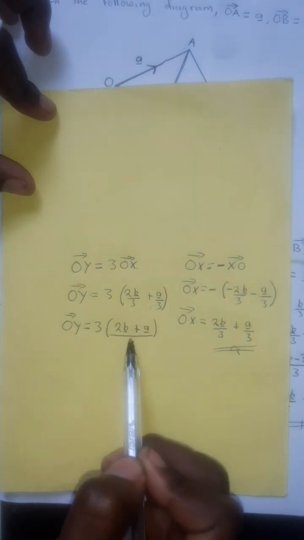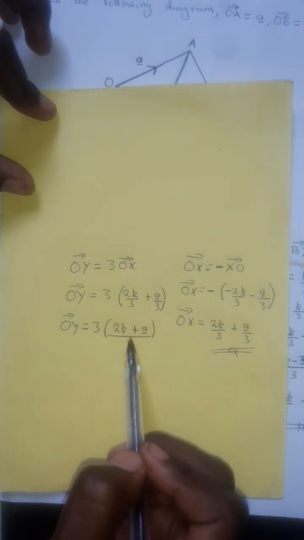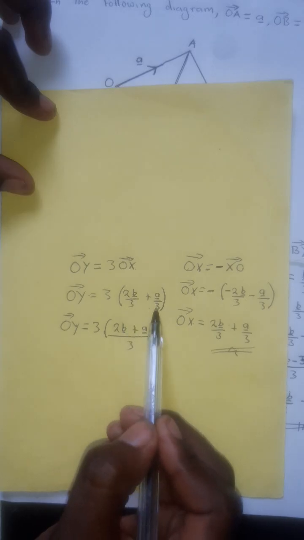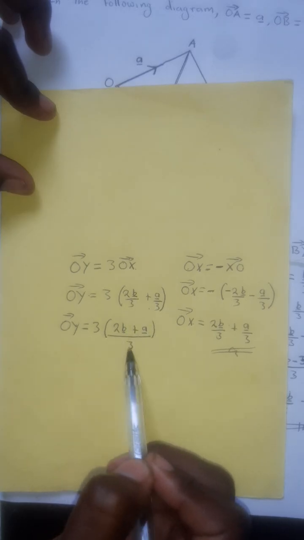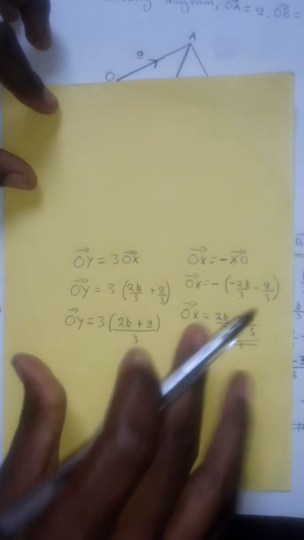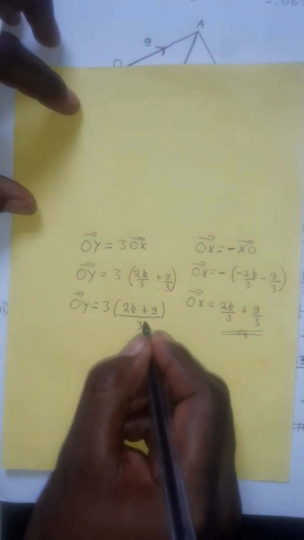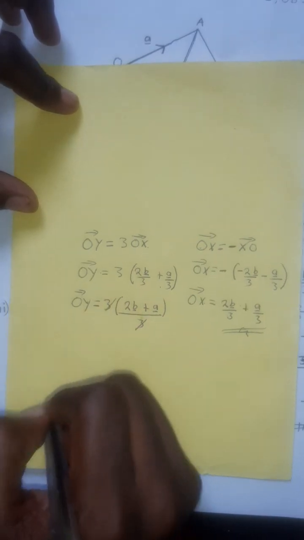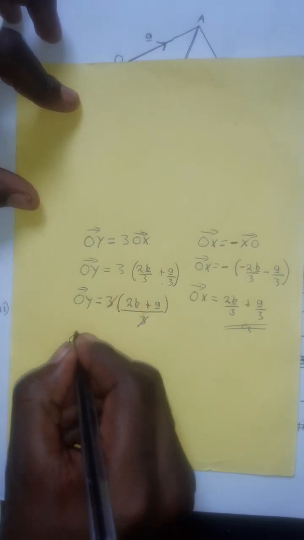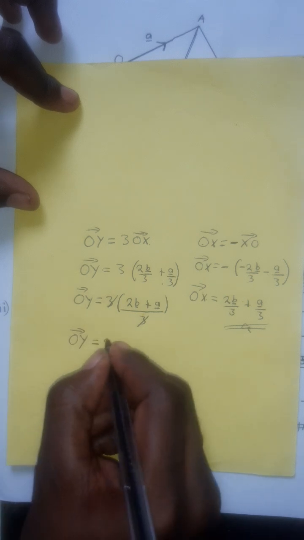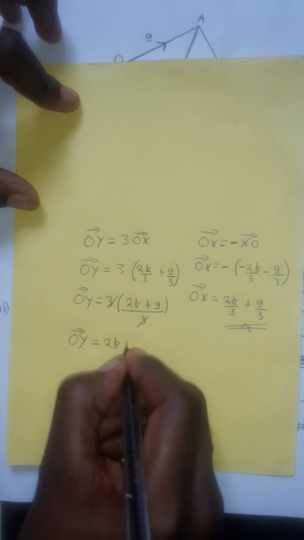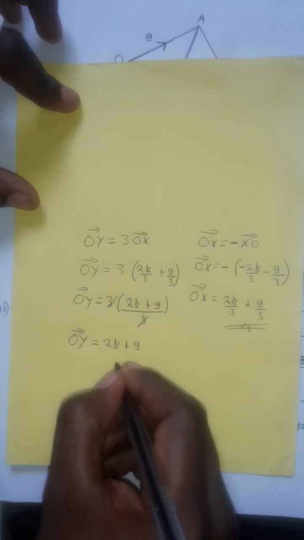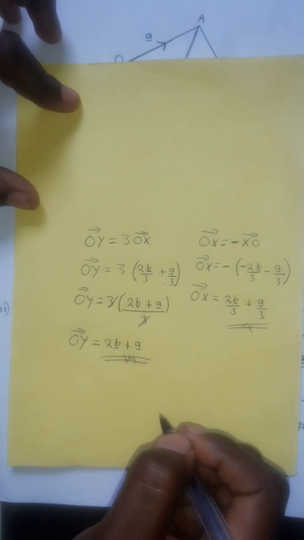You are saying over 3, here over 3, so the common thing is 3. So we can simplify and say this 3 and that 3 can go. So OY is equal to 2 vector B plus vector A.